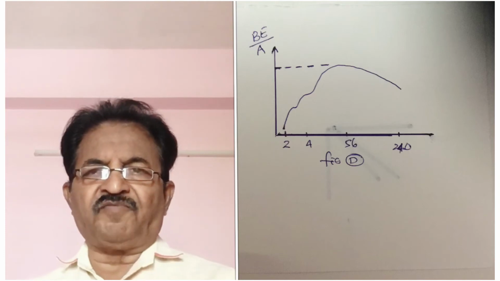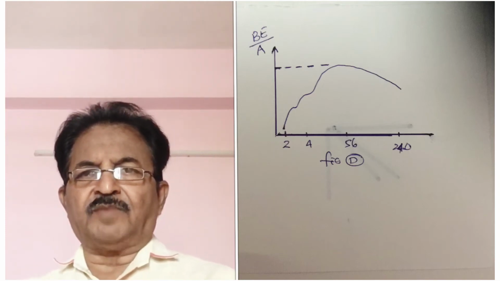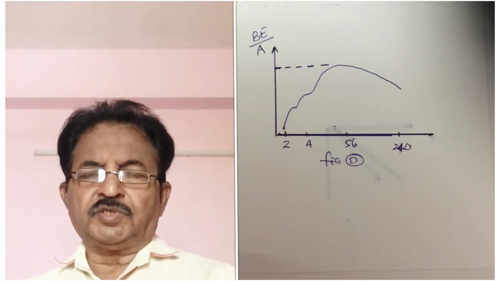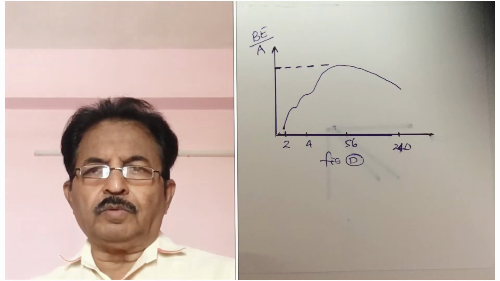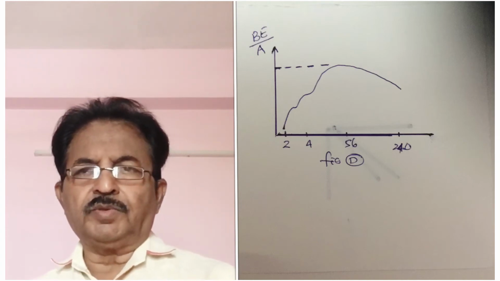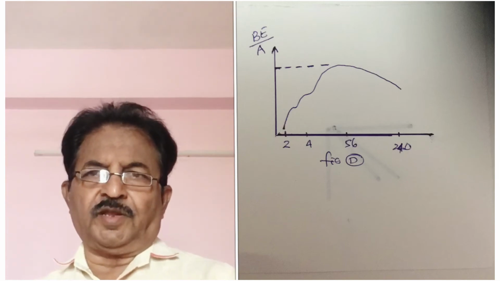I have shown the graph in front of you. I have seen this question repeating several times in different competitive examinations. Now I want to tell you what I mean by interpretation of the graph. First I'll tell you the question and the options also. Then I'll tell you why I called it a simple and rather funny question.